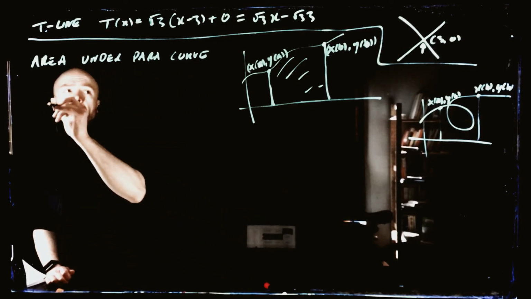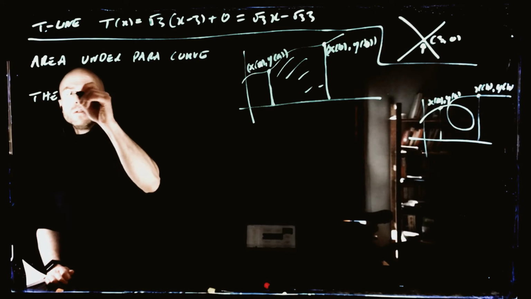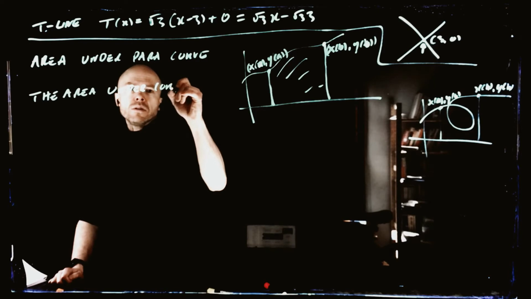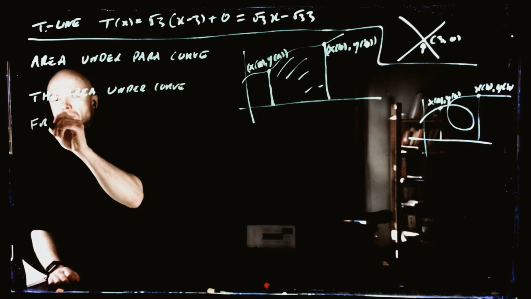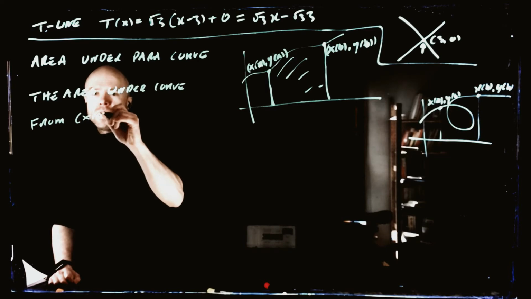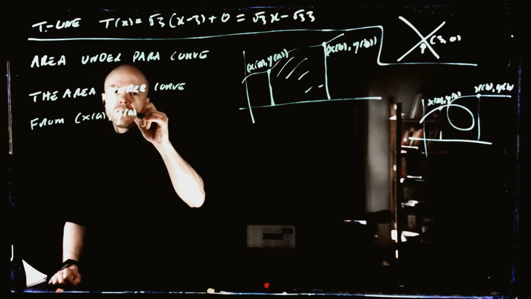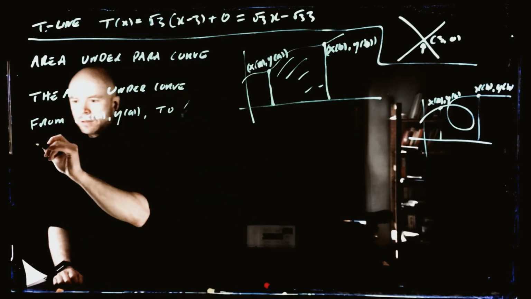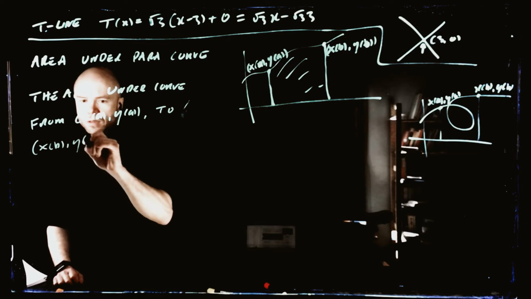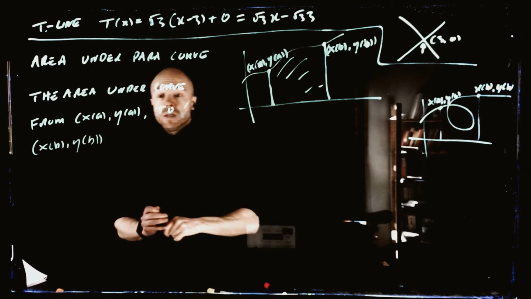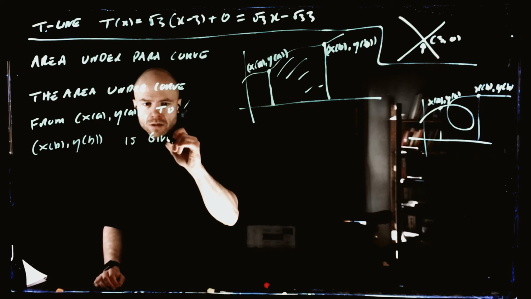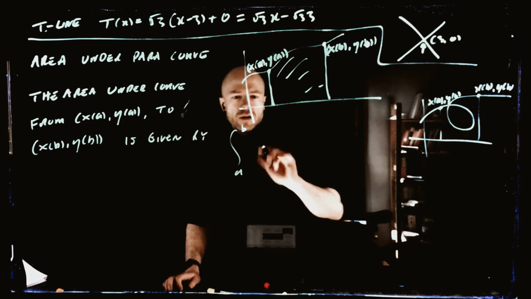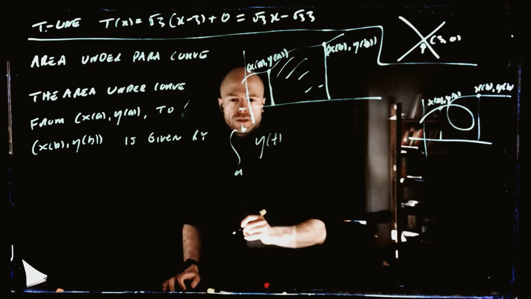So the area on the curve from x of a, y of a to x of b, y of b is given by the integral from a to b, and we're going to integrate y of t like this, yeah?